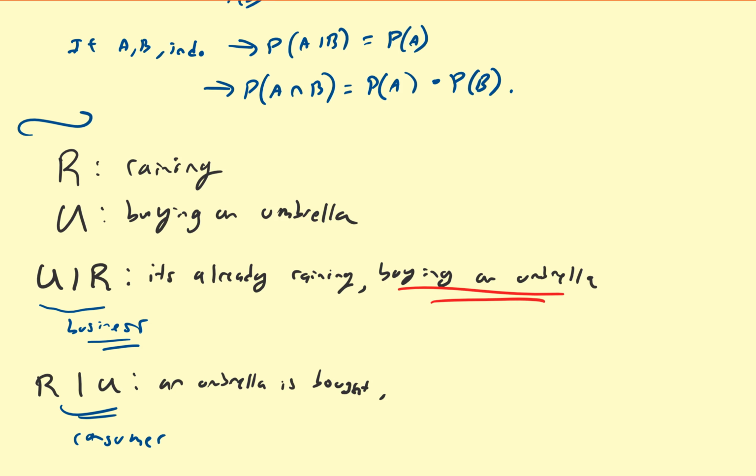We go to a store, it's not raining outside, but we buy an umbrella because we think it's going to rain. So what is the likelihood of it raining, assuming that we've already bought an umbrella? Therefore, the event of interest here is raining outside.